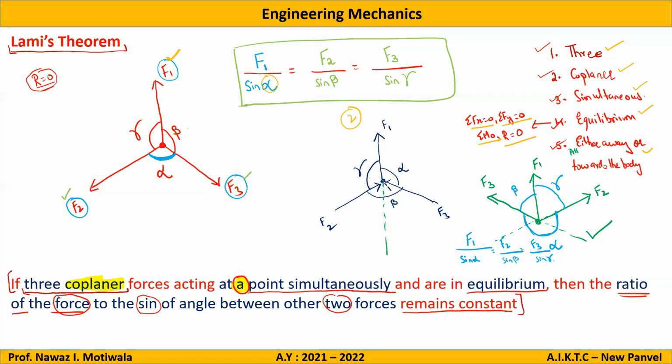To apply Lami's theorem, I can shift this force along its line of action like this, maintaining the same magnitude and direction. Now all the forces are towards the point, hence we can apply Lami's theorem. So we can change the orientation or the point of application of a force along its line of action to apply Lami's theorem. This is all we discussed in the previous class. Any doubts to anyone till this part?